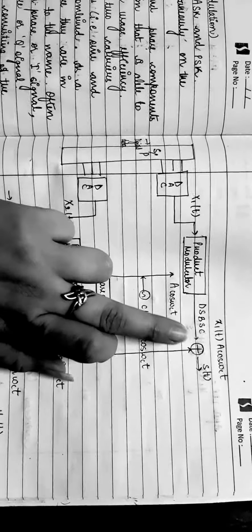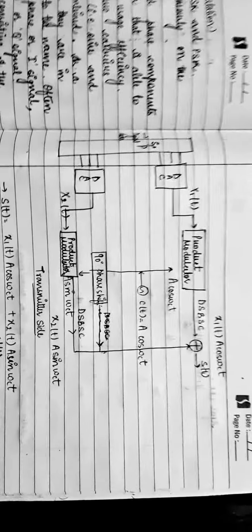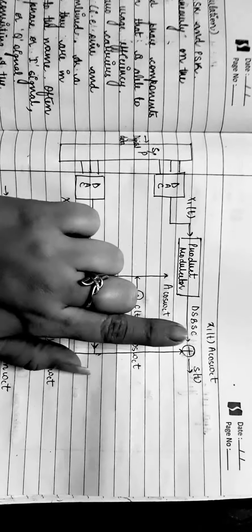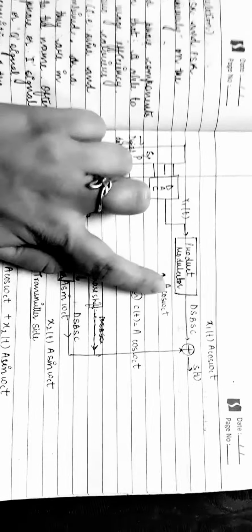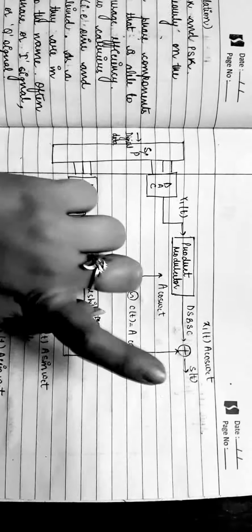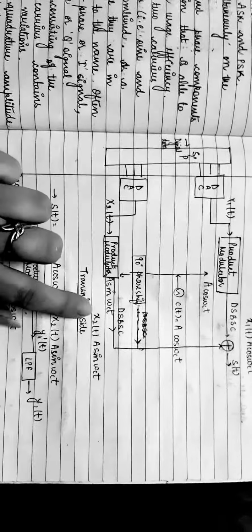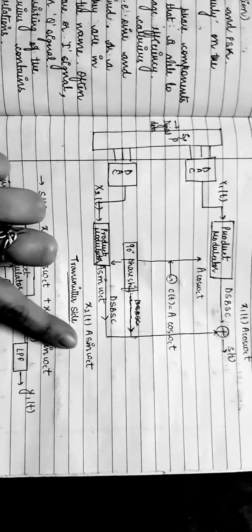At the output of the product modulator we will get double sideband suppressed carrier, that is DSB-SC. So the first output will be x1(t) into A cos omega ct and the second x2(t) into A sin omega ct.